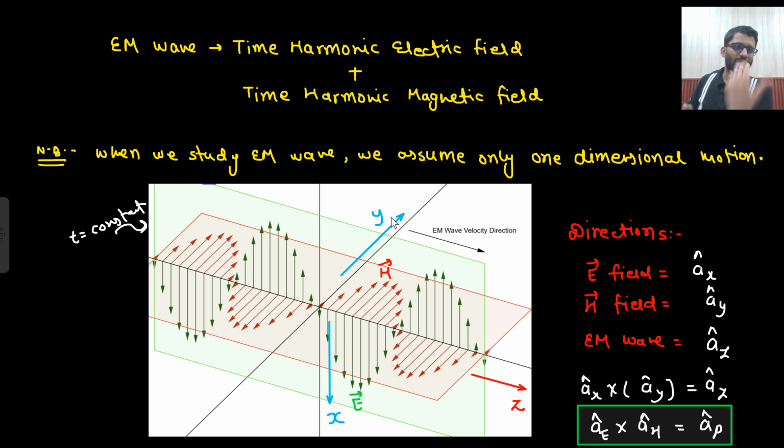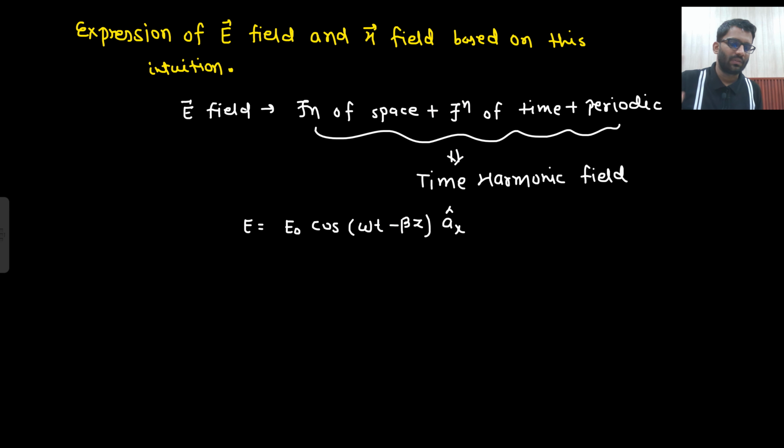Yeah. So you can use this hand. You can see that x cross y is giving you z. Right? We just made it opposite. This was your x, minus x, but this has been made x and this has been made y. So x cross y is giving you z. So this is how I can write down the equation.